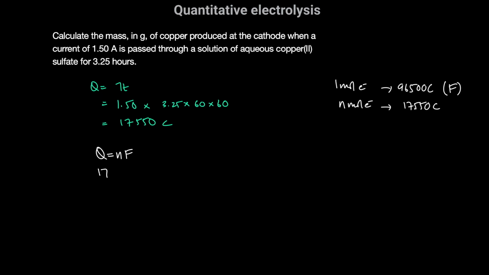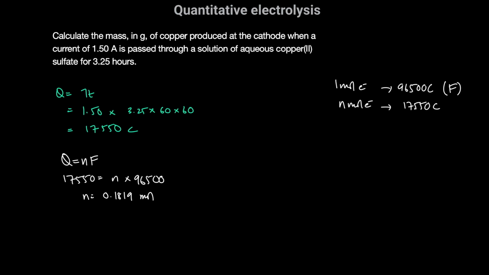So we have 17,550 is equal to the number of moles of electrons times 96,500, right? You can use the unitary method, or you can just use the formula, right? And then we get N is equal to 0.1819 moles of electrons.